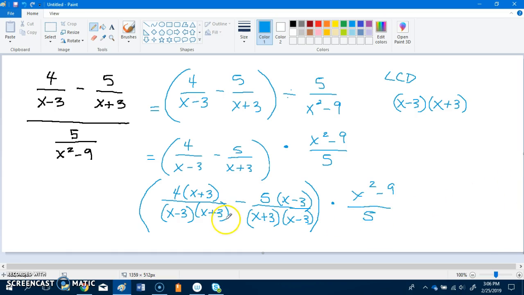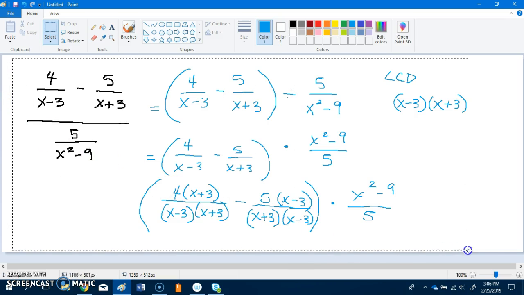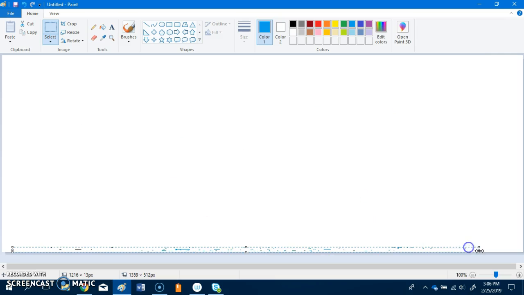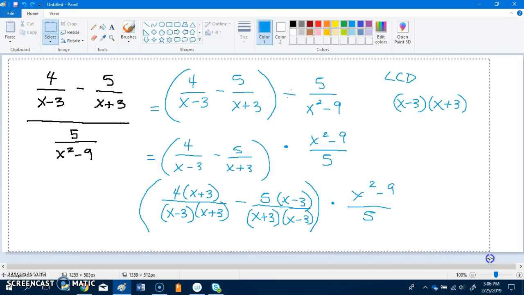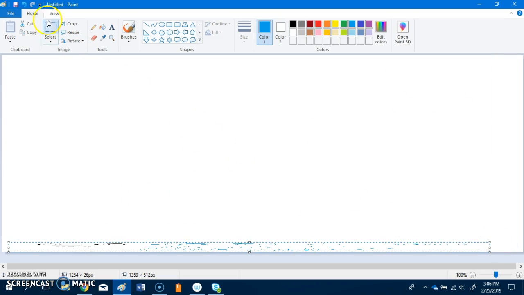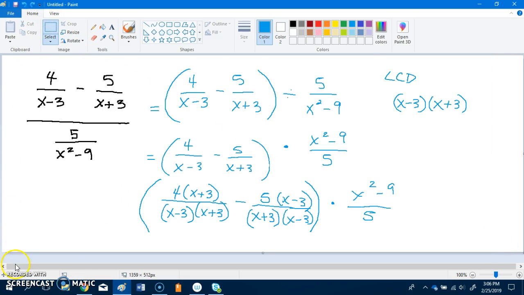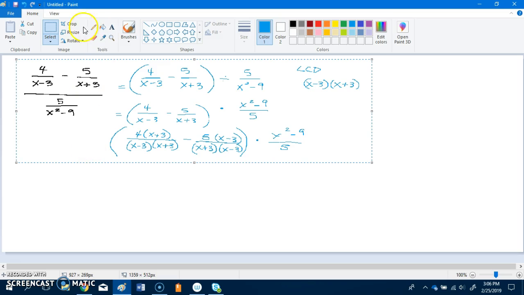Okay, so I'm still working through this. I'm going to need a little bit more room, so I've minimized this a little bit.